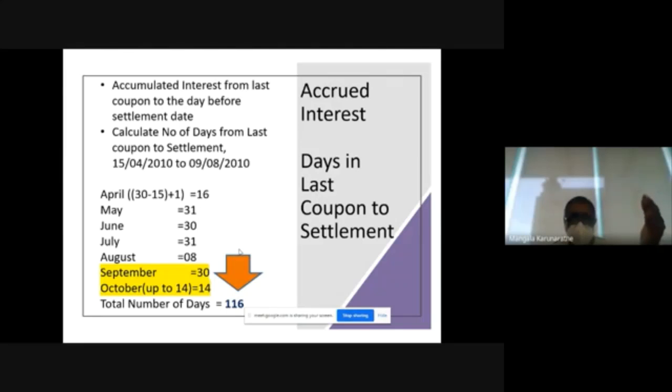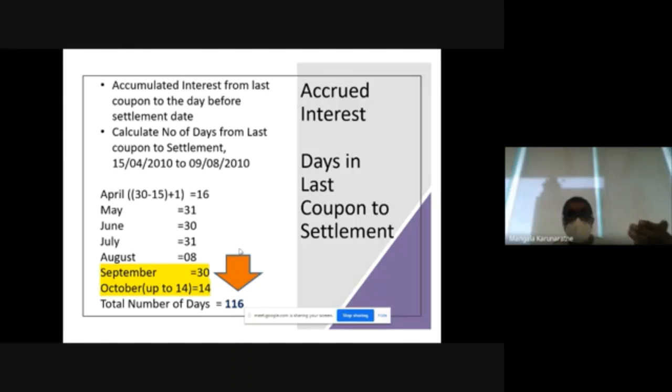So the holder will be some other person, not me. So I won't be getting this. But in fact, I am entitled to interest because I am holding this till 8th August, right?